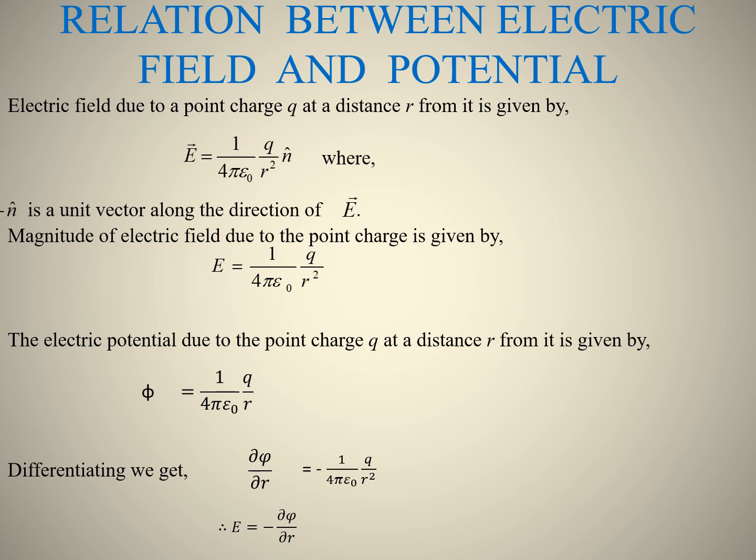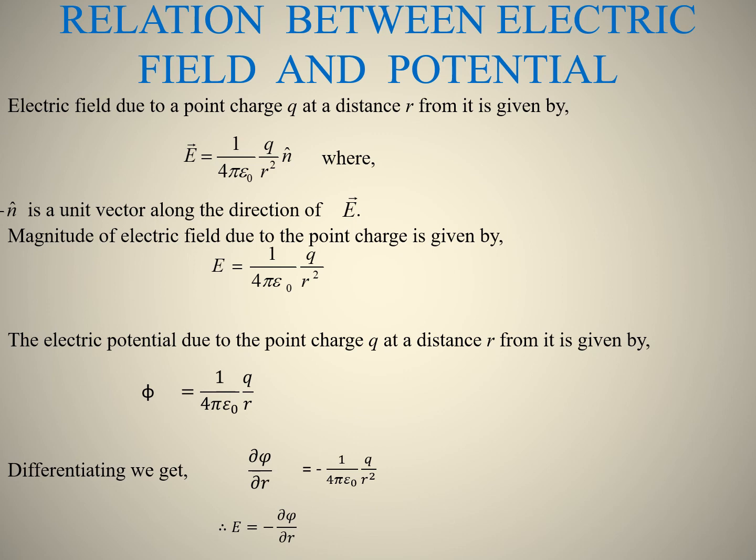And also we have got the expression for electric potential due to the point charge Q at a distance of small r from it as phi is equal to 1 by 4 pi epsilon naught Q by r.